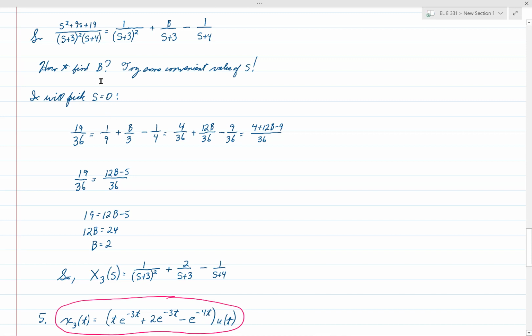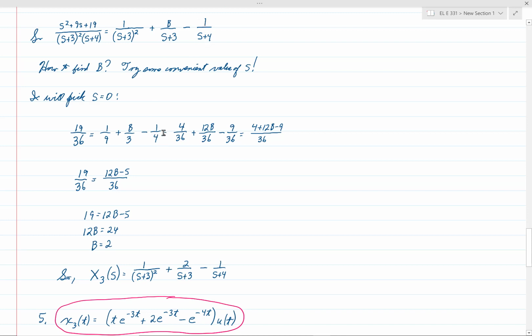So if we pick 0, on the left-hand side, we will have a 19 in the numerator, and in the denominator, we will have 3 squared, which is 9, times 4, which is 36. On the right-hand side, when we pick 0, we'll have 1 over 3 squared, so that's 1/9, plus B over 3, minus 1 over 0 plus 4, which is minus 1/4.